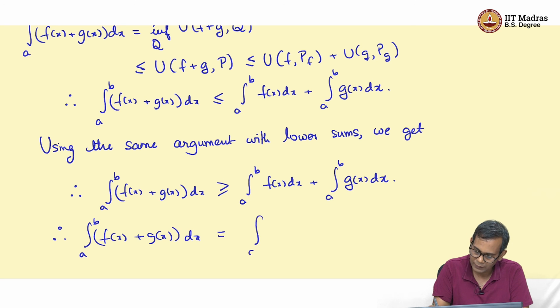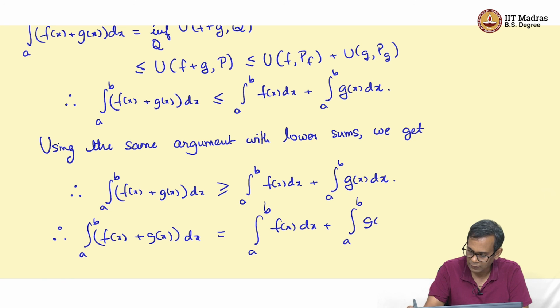The integral from a to b of f of x plus g of x dx is equal to the integral from a to b of f of x dx plus the integral from a to b of g of x dx. Why don't you try to prove the other properties of the Riemann integral that I have given from first principles using similar tricks.